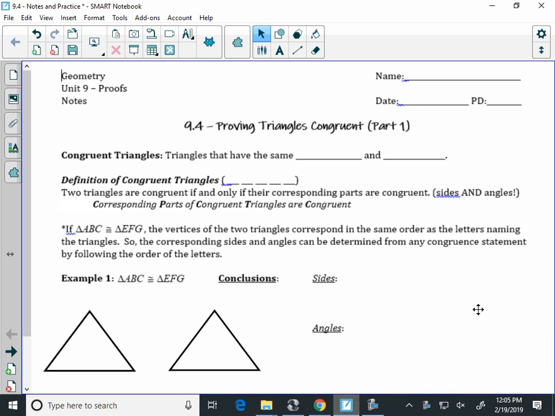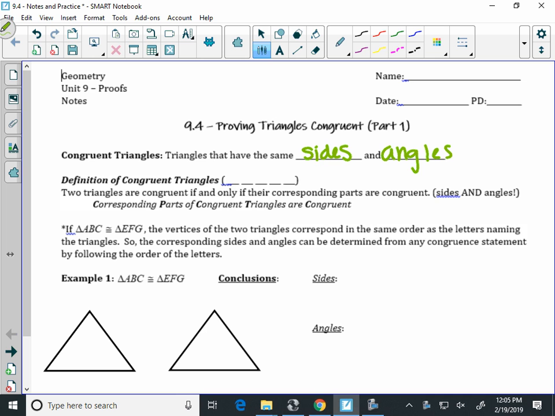The rest of this week is proving triangles congruent. We talked about congruent figures and triangles through transformations earlier in the year, but we're going to take a look at how it looks on just paper without being in the coordinate plane. And we know triangles are congruent if they have the same sides and angles.